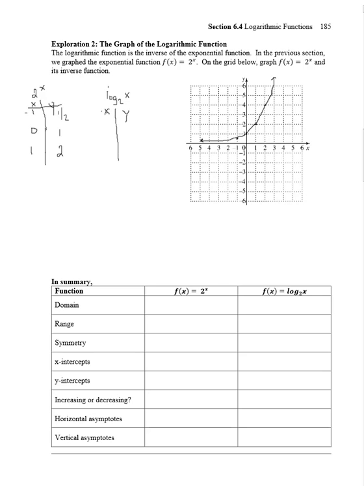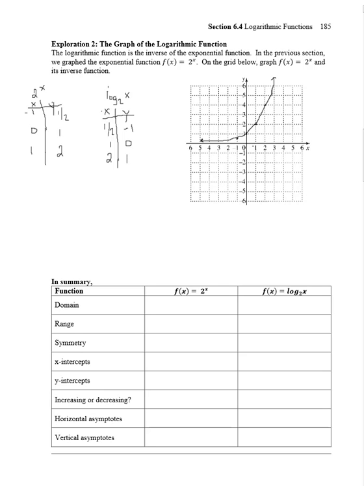And to do that, we flip-flop the x's and y's from the 2 to the x. So we had -1, 1/2, so this time we have 1/2, -1. 0, 1 becomes 1, 0, and 1, 2 becomes 2, 1.